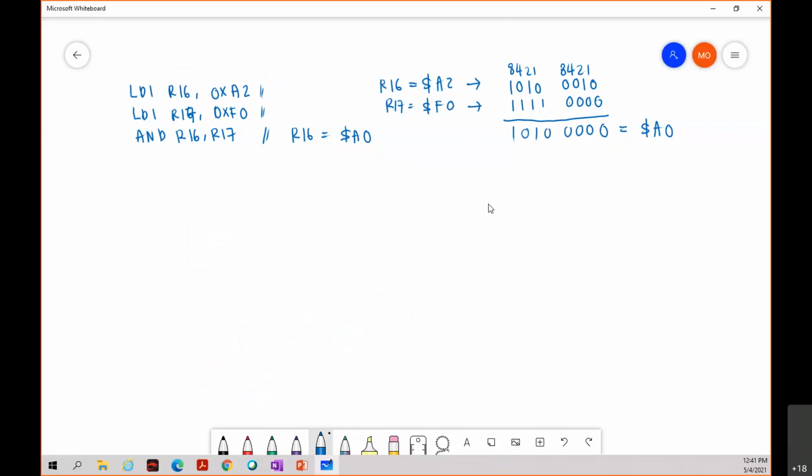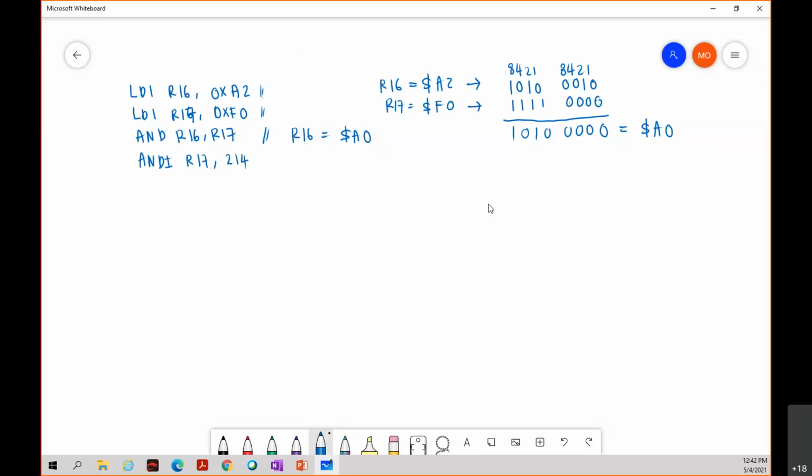Now assume that these instructions are executed sequentially. Then we have ANDI R17 with the value 214, for example.